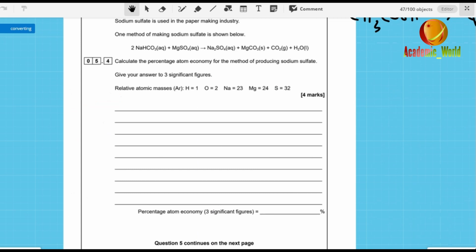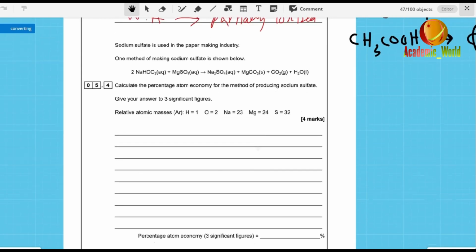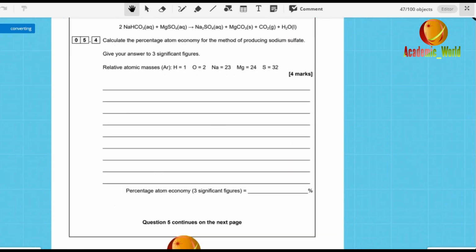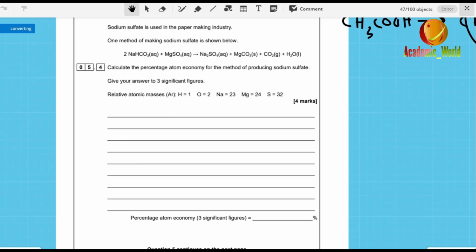Now calculate the percentage atom economy of the method of producing sodium sulfate. So here the atomic masses are also given. Now how would you find the percentage? So you know that first of all you can find the relative formula mass of Na2SO4, because the desired product is sodium sulfate.